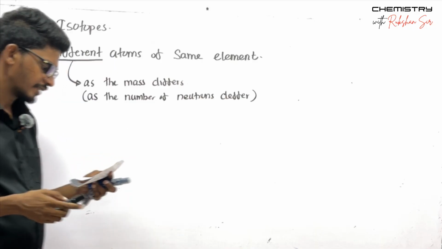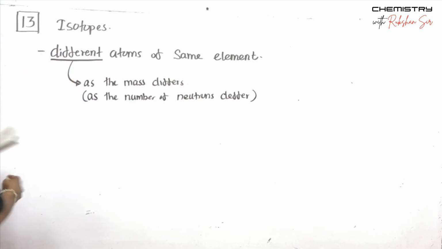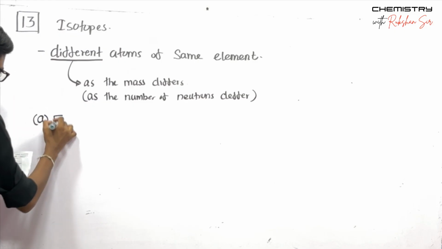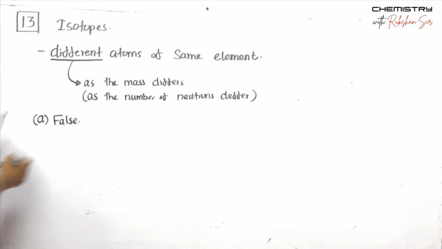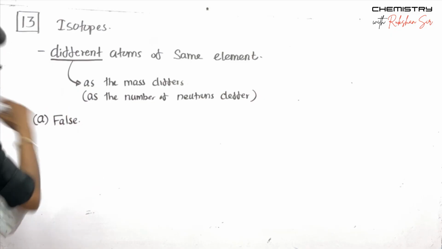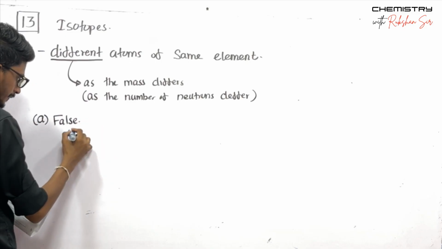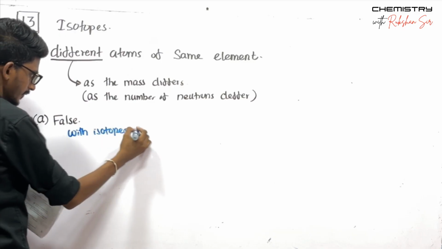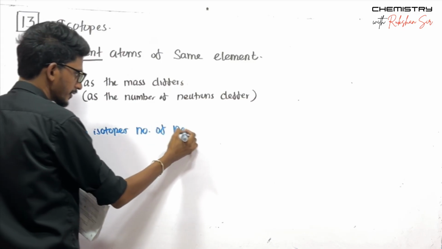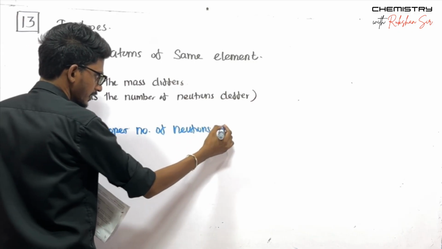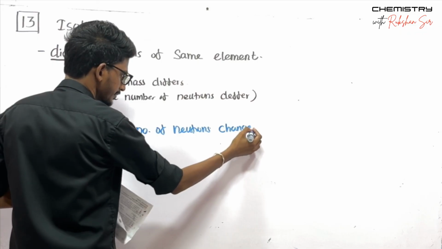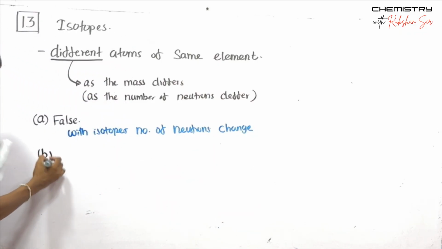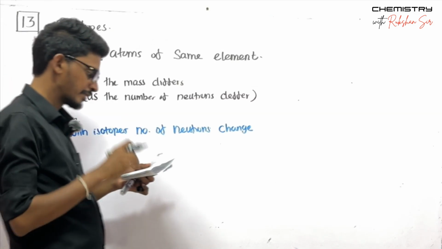Statement A says they have the same number of neutrons. It's false. With isotopes, the number of neutrons changes. That is why the mass differs. Statement B, have the same number of protons.